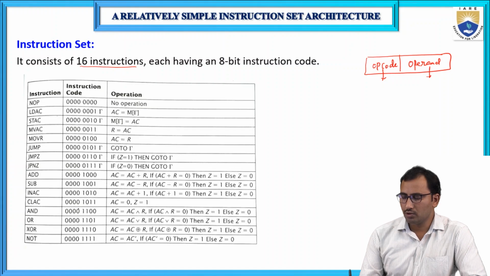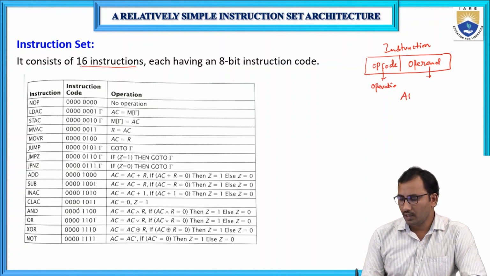And the operand is nothing but the data on which we are performing this particular operation. So by having the opcode and operand together, we can call it an instruction. An instruction is a command to perform a specific task.